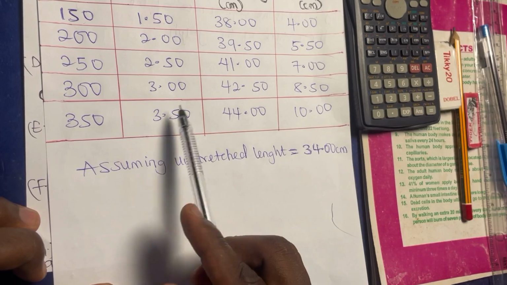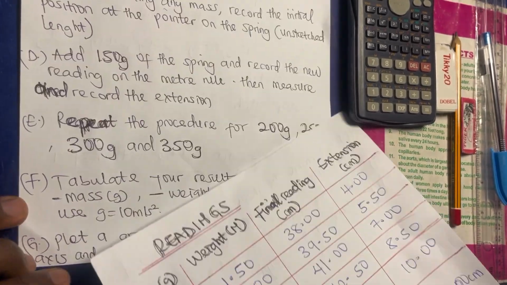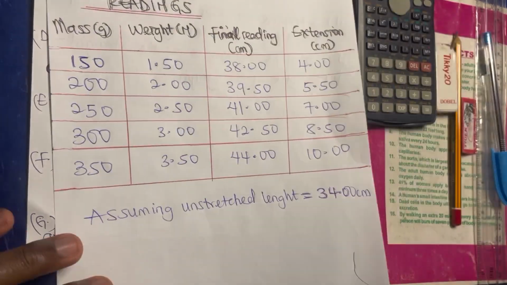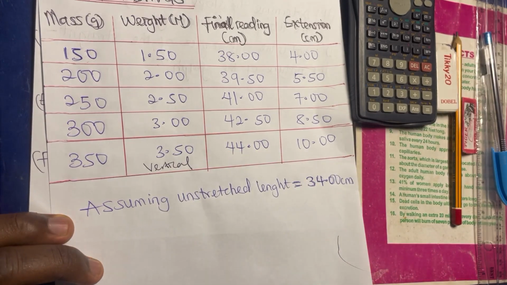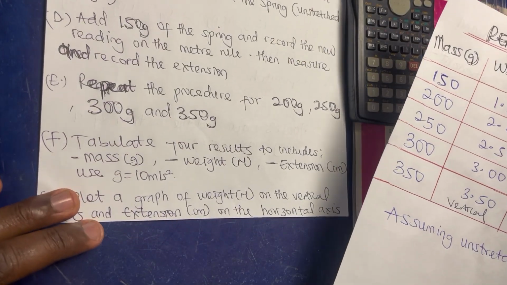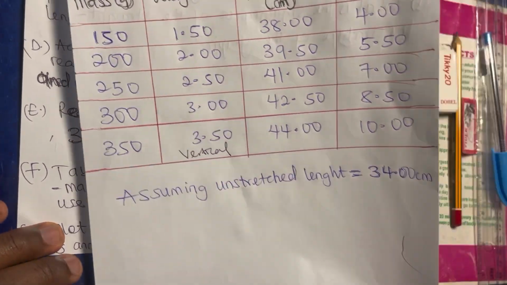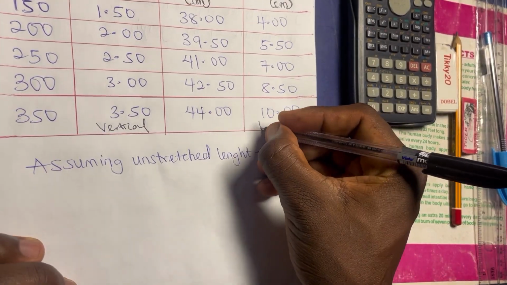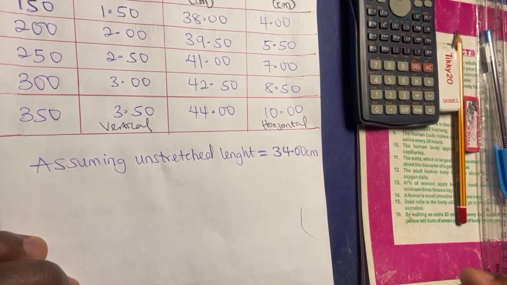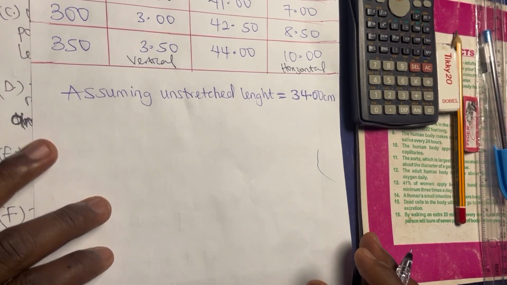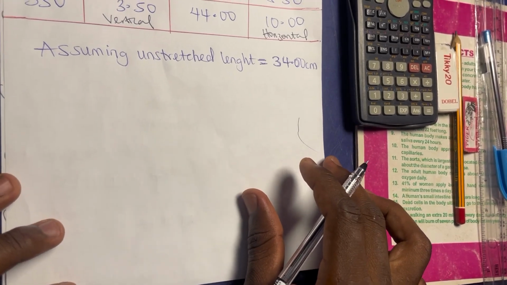So this one here is going to be the vertical axis. Then the extension is going to be on the horizontal axis. So let me now go into the plotting of the graph.